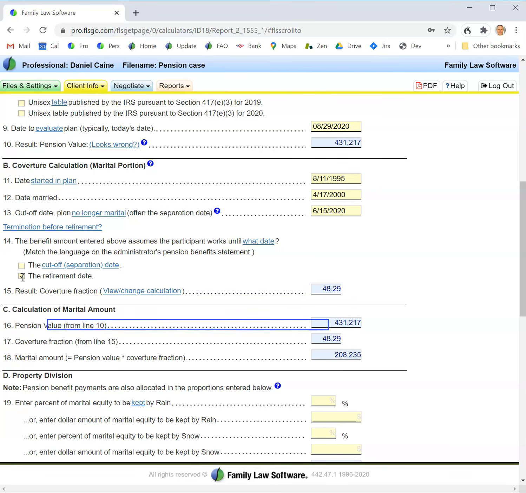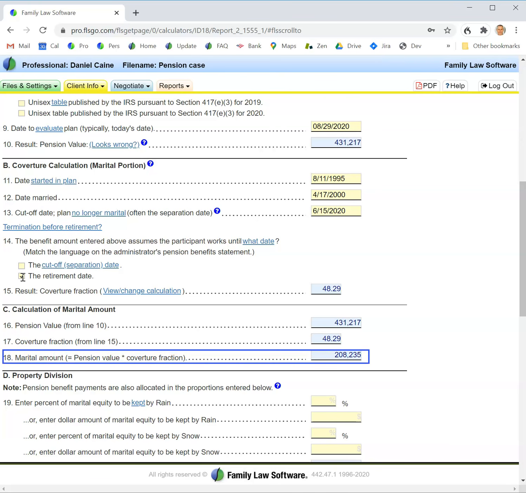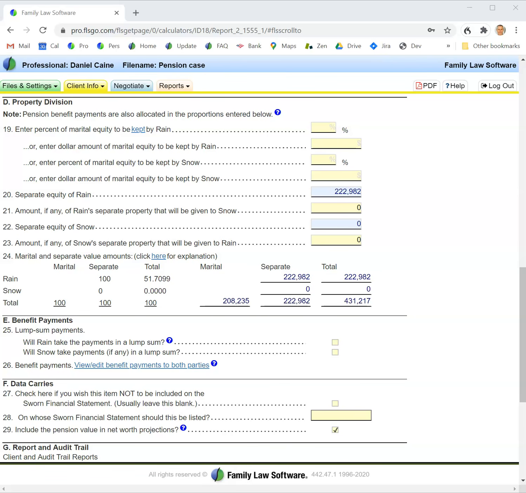The pension value, because of the higher dollar amount of the pension, because the person is assumed to have worked until retirement, went up to $431,217. The coverture fraction went down to 48.29%, and the marital amount is $208,235. So you see we have a higher value, a lower fraction, and the marital amount depends on how those two things settle out. Let's talk about the remaining sections.